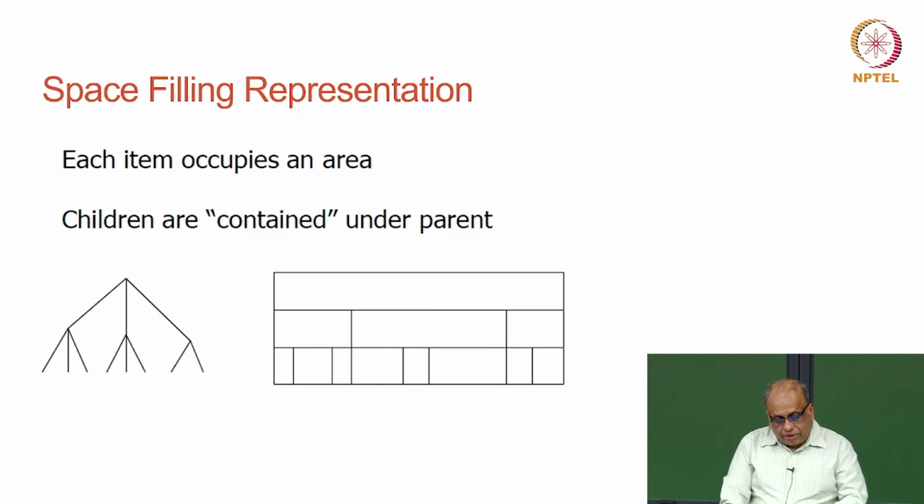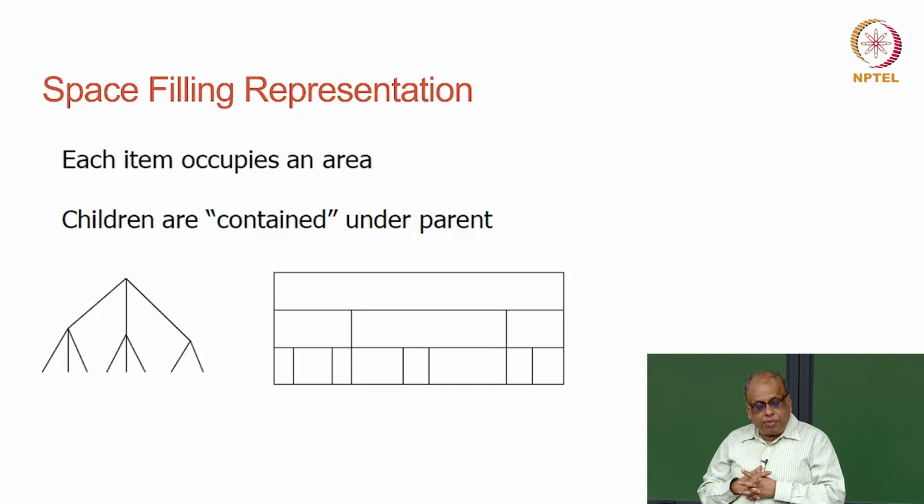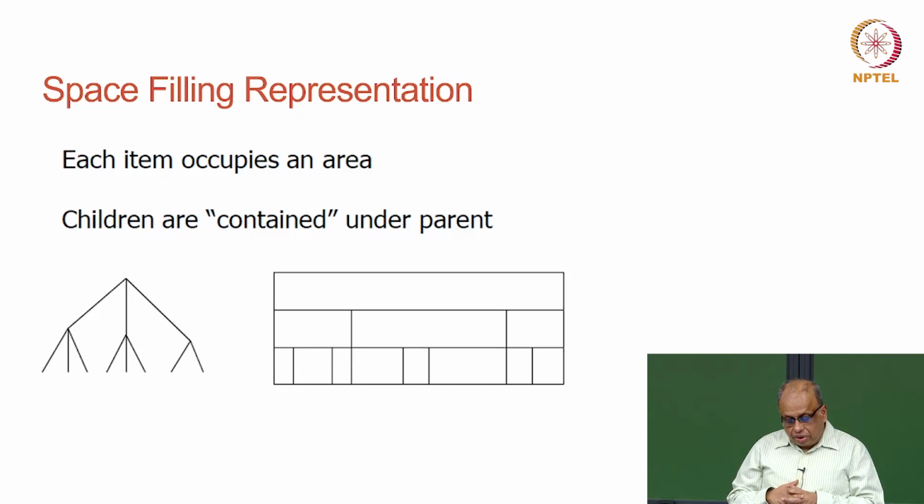So if you have a structure like this, you see the root node has 3 children, so the overall space is broken up into 3 horizontal areas. The 3 areas are for the 3 children, and the amount of space you take depends on the number of children you have. Then for each child, the first level you break up horizontally, the next level you break up vertically, and so on.